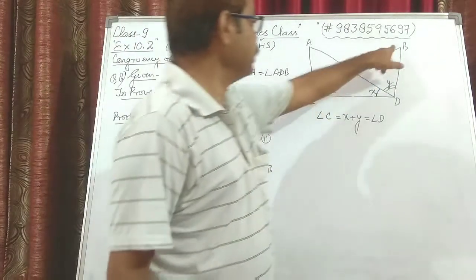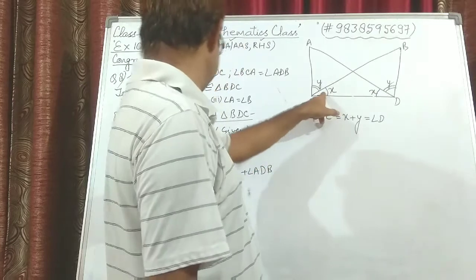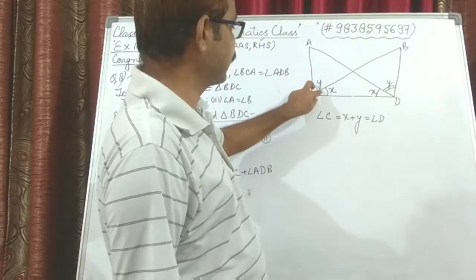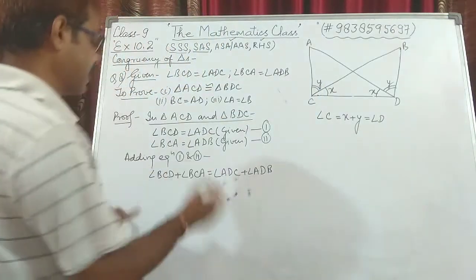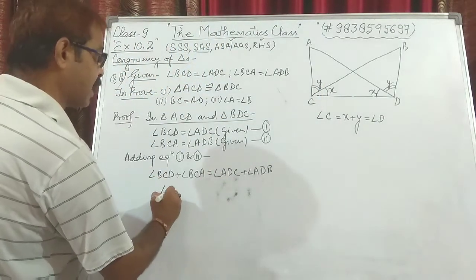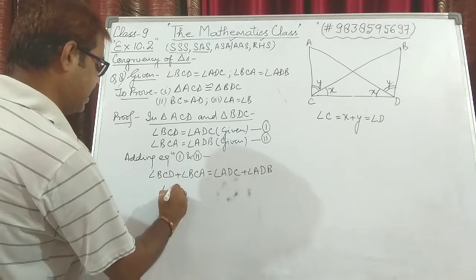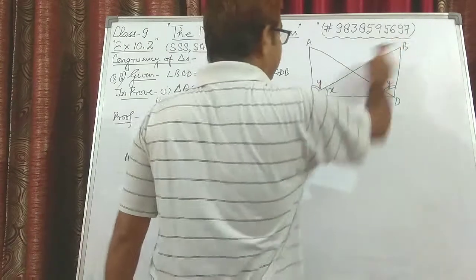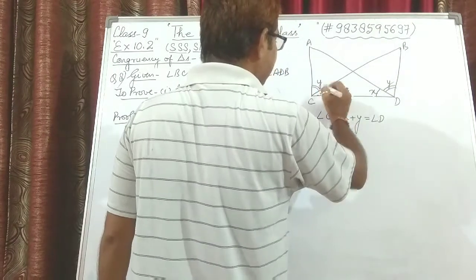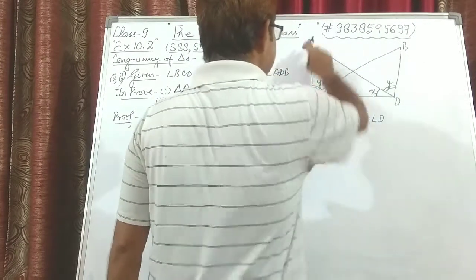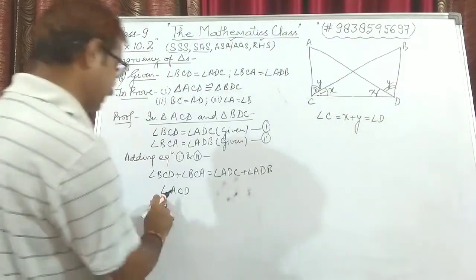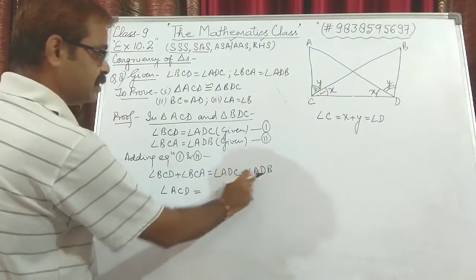Now BCD, this angle is X, and BCA, this angle is Y, total angle. Either you write X plus Y, or we can simply write angle ACD, BCD plus BCA, this angle plus this angle. Total will be ACD. So I have written angle ACD is equal to angle ADC plus angle ADB.